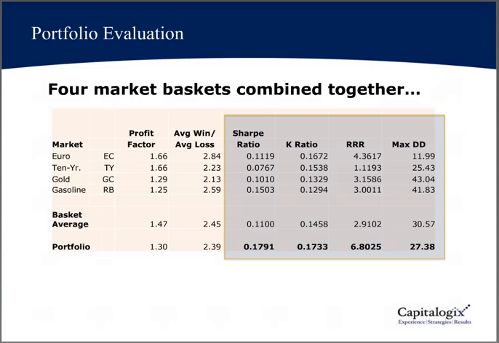I do want to point this out specifically for the return retracement ratio. The numbers that you see there, the high point is 4.36, the low point is 1.1, and the average is 2.9. When you combine it together within the portfolio, all of a sudden the return retracement ratio goes up to 6.8. One of the key things that you can be looking at, both for Sharpe, K ratio and return retracement, is that they all basically say the same thing.